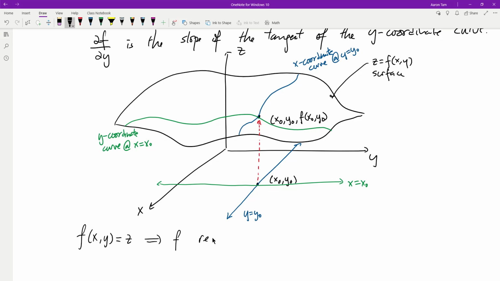So therefore, in this case, we have a function f of xy equal to z, because this object represents a two-dimensional surface.